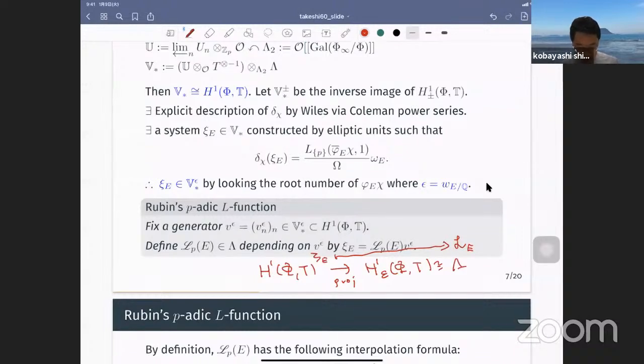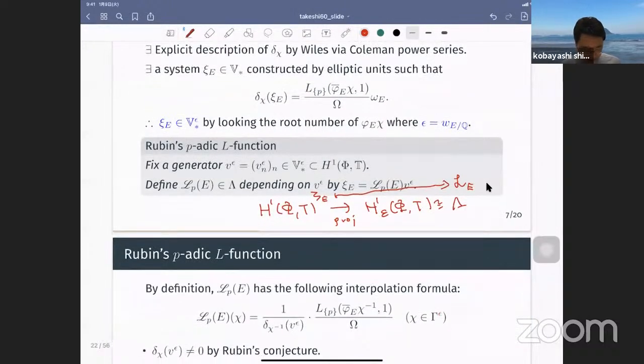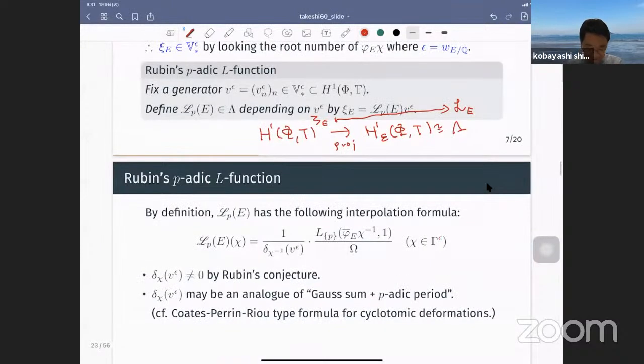Now I explain the interpolation formula of Rubin's p-adic L-function. By definition, Rubin's p-adic L-function has this interpolation formula for chi in gamma epsilon.